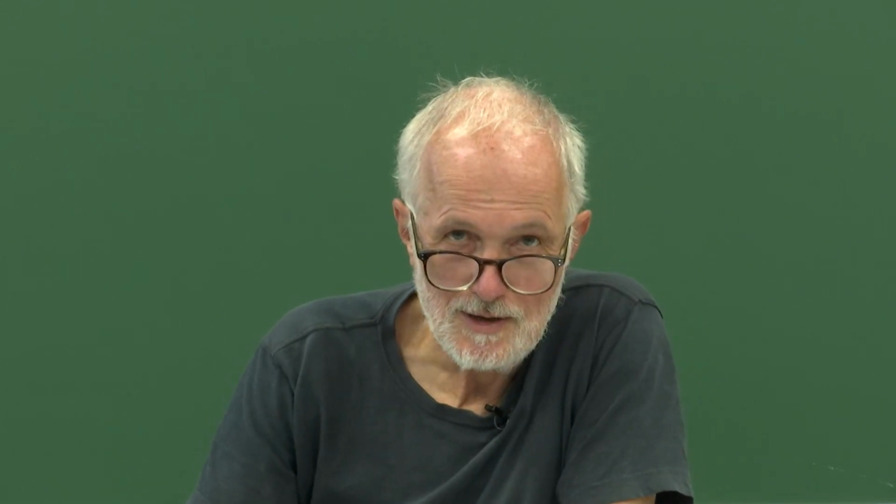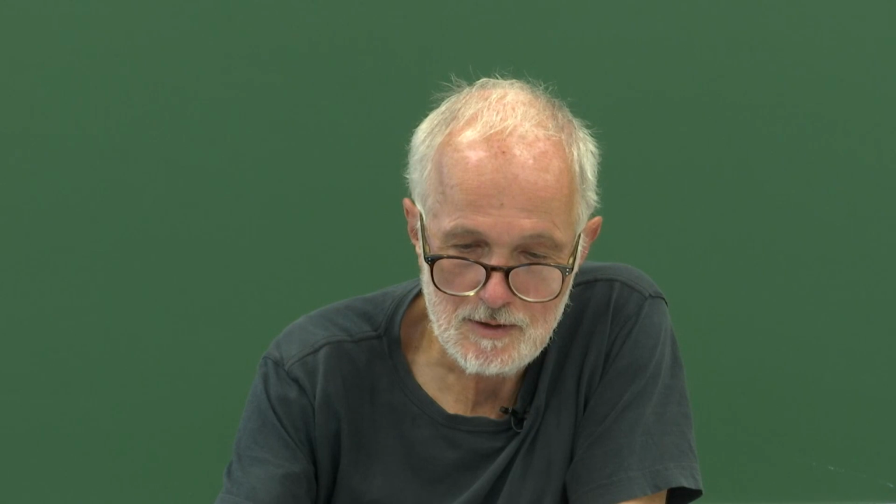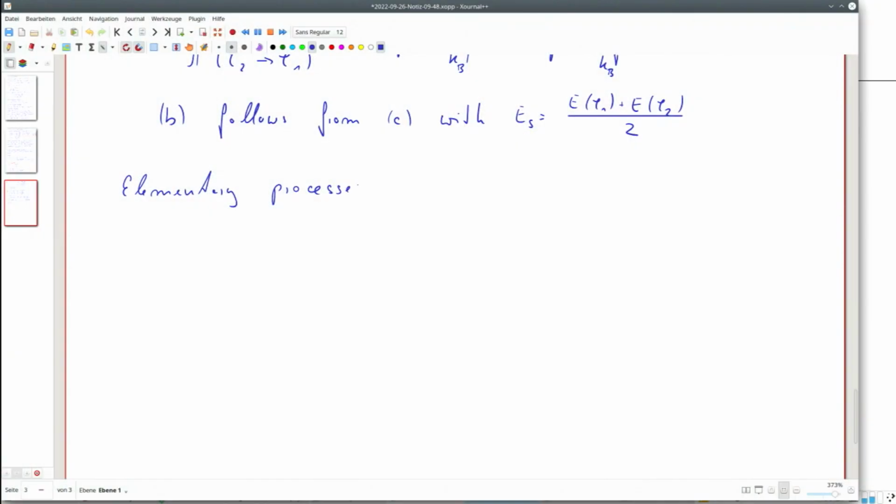Okay, so there are 2 points missing. First is, what do we choose as an elementary process or elementary step for which we calculate these energies? And I think we already discussed it in other lectures.